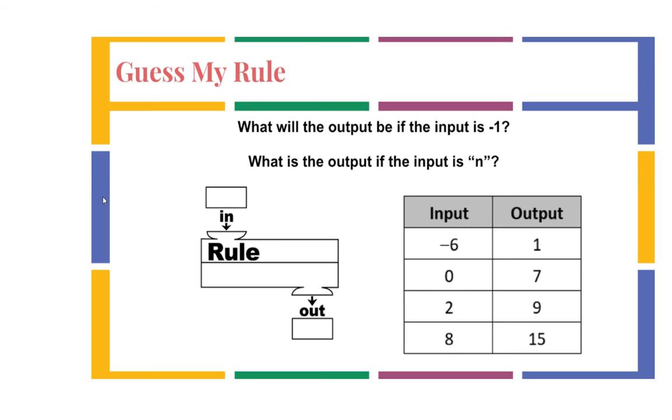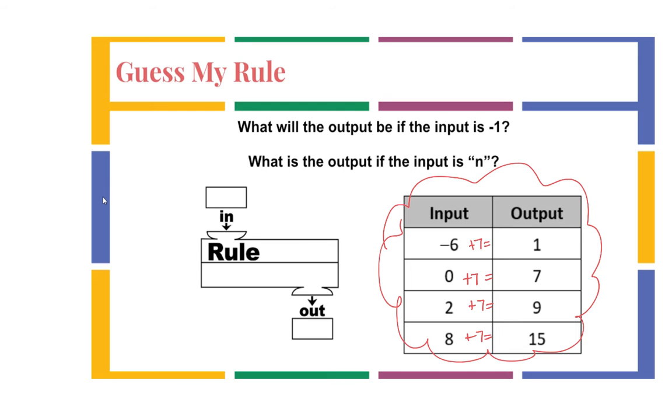Before we get into that, we did a quick little warm-up. What is the output if the input is -1, given this particular set of input and output values? Well, we can see that there is a definite relationship between the input and output, and the relationship is that I am adding 7 each time. So if I add 7 each time, I get the output.